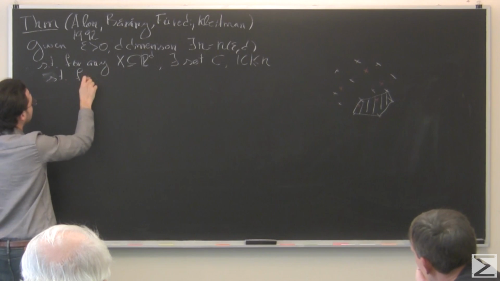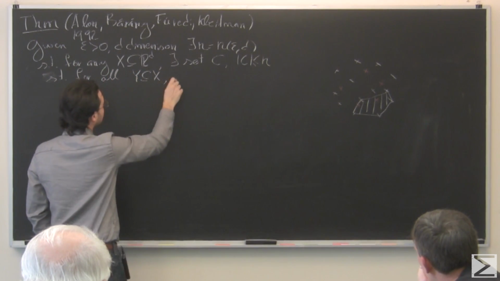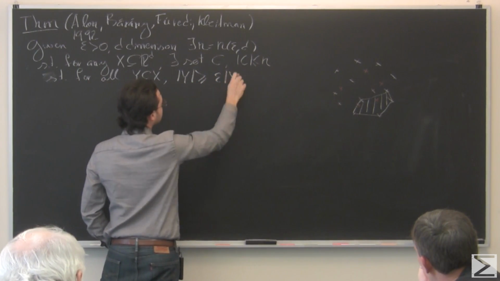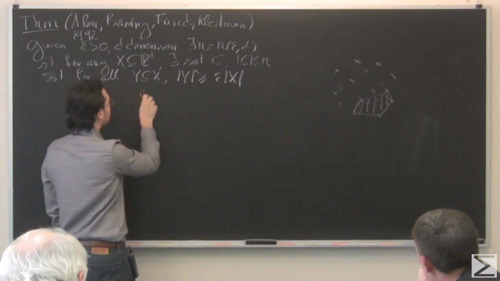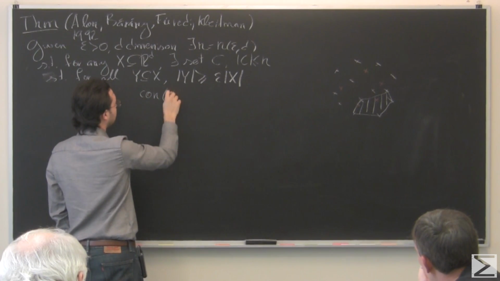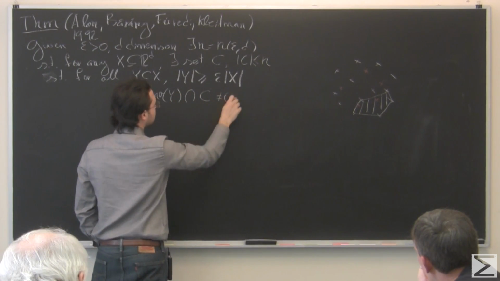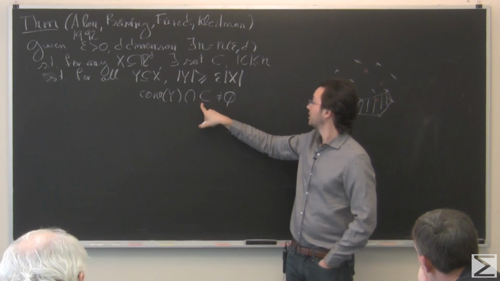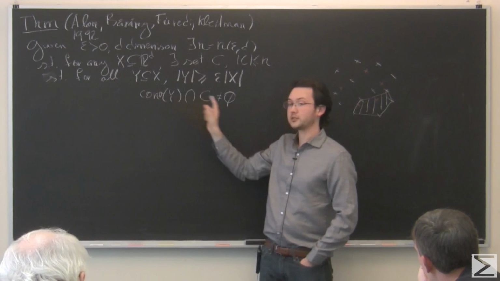Such that for all subsets Y of X which are large enough, so they have at least an epsilon fraction of X, the convex hull of Y contains a point of the set C. Okay, so these are my red points, and this is just telling you that whenever you look at a small subset of X, you always find this.